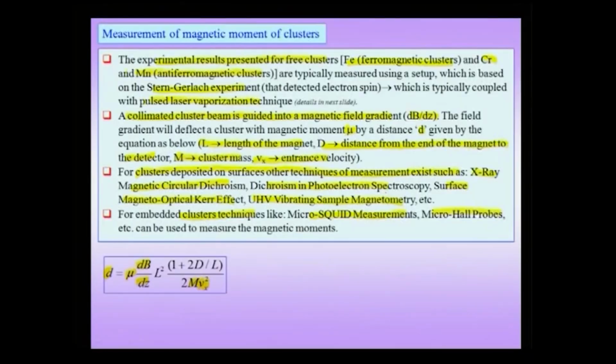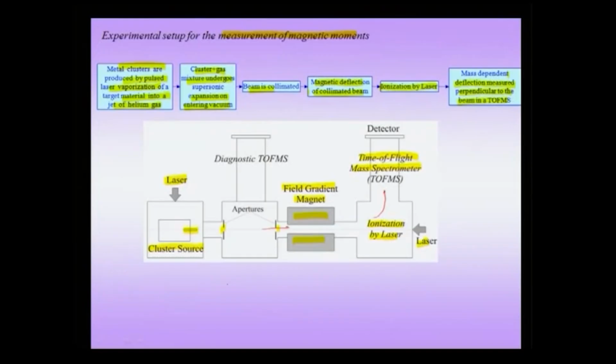So, to summarize this experiment, we are now trying to measure the magnetic moments of free magnetic particles, and for that we are using an equation like the one listed here below. We are also using a modified version of the Stern-Gerlach experiment, and the flow chart for this experiment is as follows: that we have a cluster source produced by a laser.